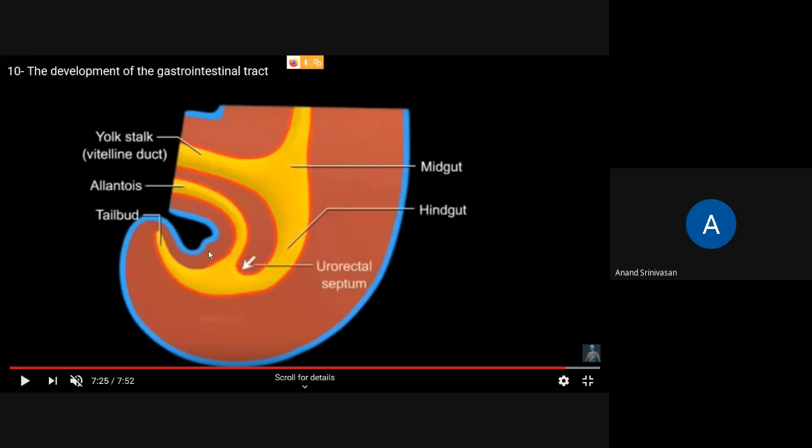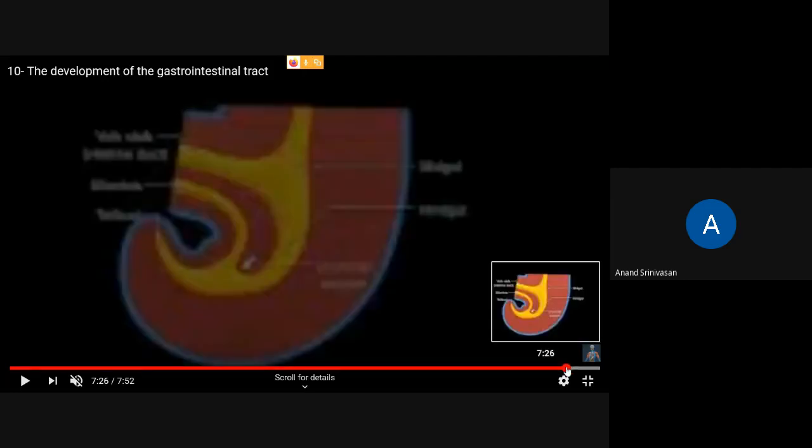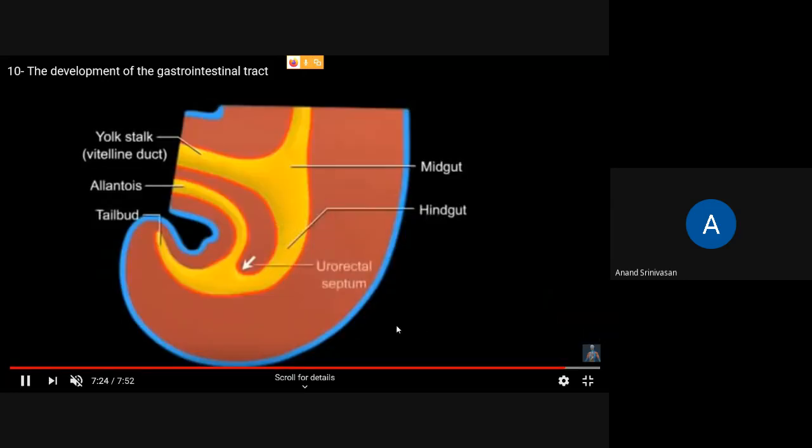All right. This is the tail bud, and here you can see a small protrusion. This is the cloaca. The cloaca is nothing but the union of the hindgut and the allantois.